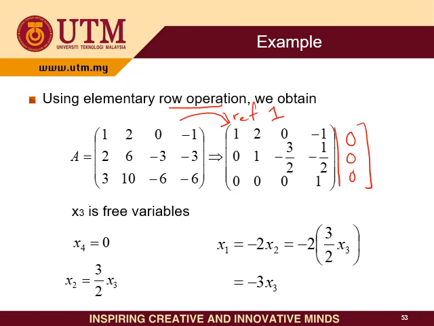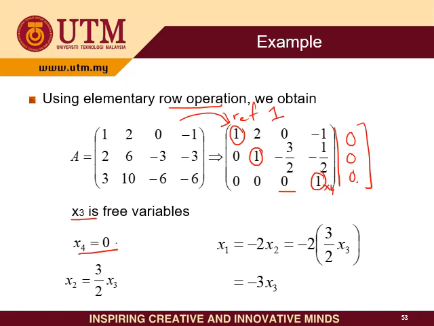Now where are the leading 1s? They are in the first column, the second column, and the fourth column, sorry, and our third column here is a free variable. x3 is a free variable. So how do you find x4? See our x4, this is our x4, it is equal to 0.